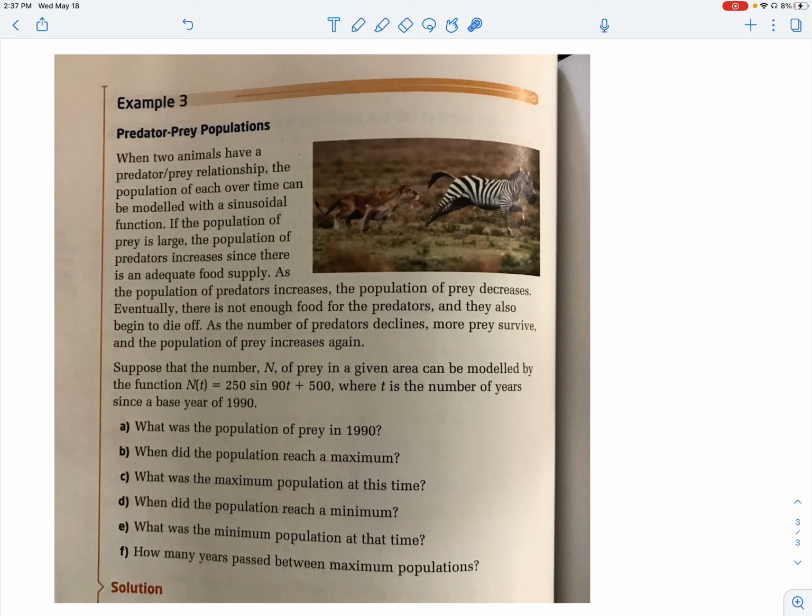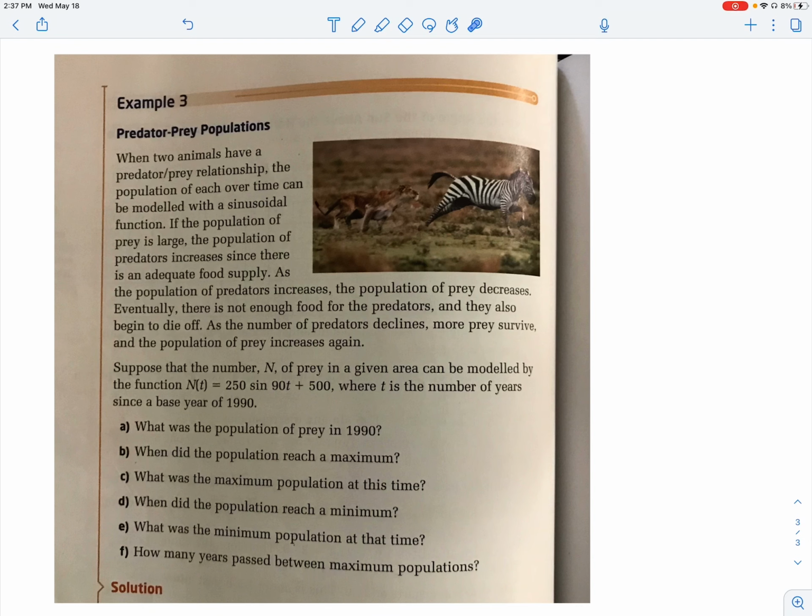In this example, we're going to look at a predator-prey population. When two animals have a predator-prey relationship, the population of each over time can be modeled with a sinusoidal function. If the population of the prey is large, the population of the predator increases since there is an adequate food supply.